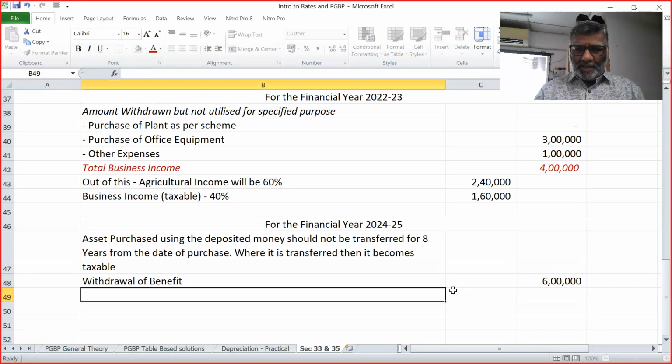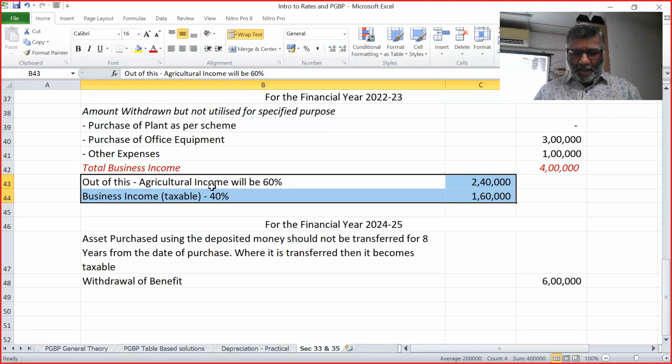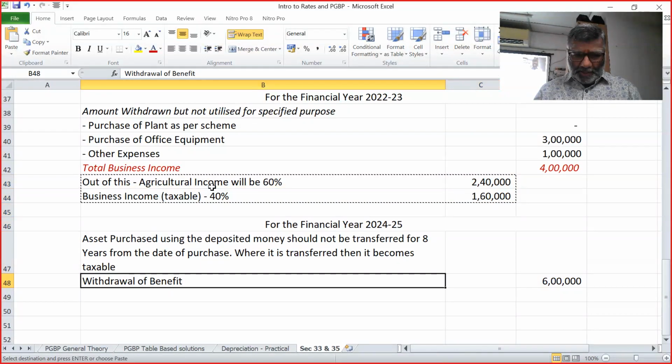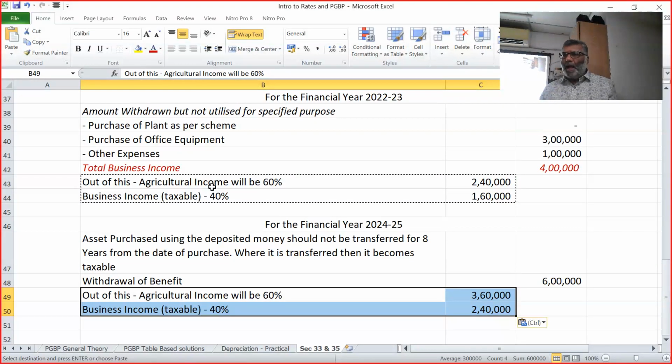Out of this, agricultural will be 6 lakhs into 60% and business will be 6 lakhs into 40%. Again, from this I need to split between agricultural and business.